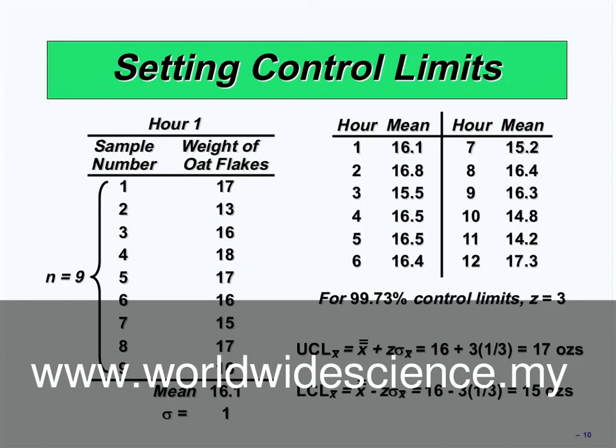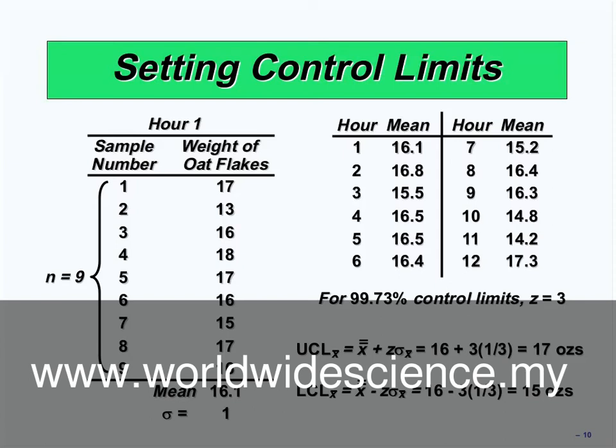As you see, the UCL, the upper control limit, can be calculated by x bar plus Z multiplied by sigma x bar. X bar, as I told you, is 16 here. X bar is calculated by summing these 12 means and dividing by 12. If you do it, you will reach 16. Z has been given to you as 3, multiplied by sigma x bar.